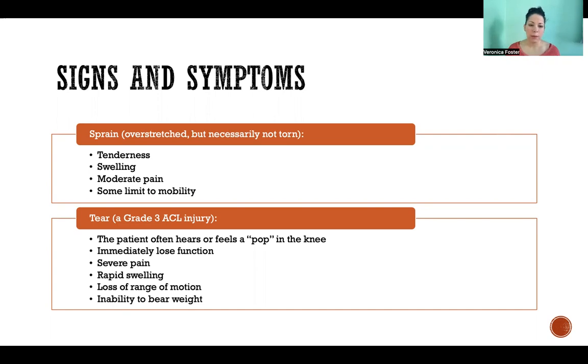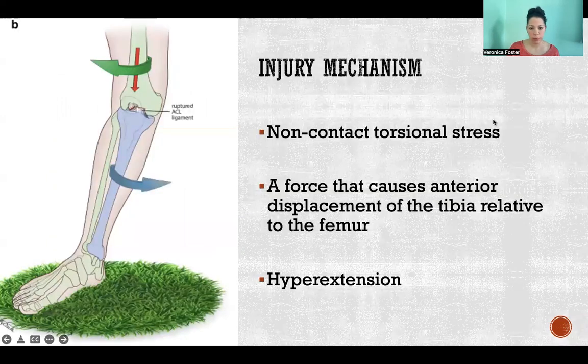The patient often will hear or feel a pop when the injury occurs. It's a very common report when you're getting the story of what happened. The person will also immediately lose function. They'll have difficulty or total inability to bear weight. It'll be very painful. It will swell extremely quickly, and they will lose range of motion.